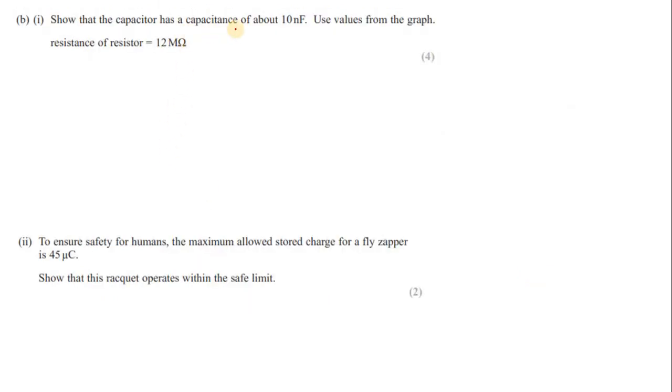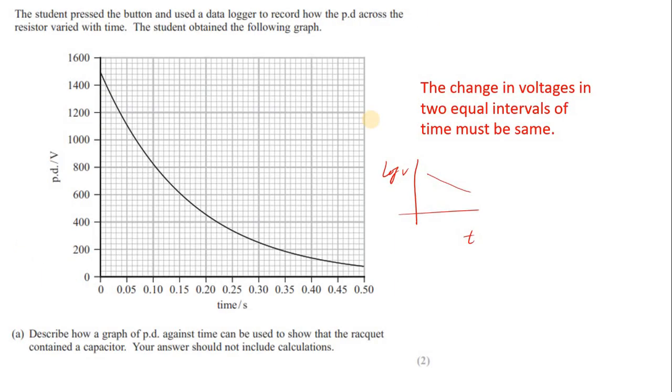Show that the capacitor has a capacitance of about 10 nanofarad. Use values from the graph. The resistance of the resistor is 12 megaohm. So the idea is there are many methods to find the capacitance, but because the graph is given, we can find the half-life, and the half-life of this curve can be used in the half-life formula.